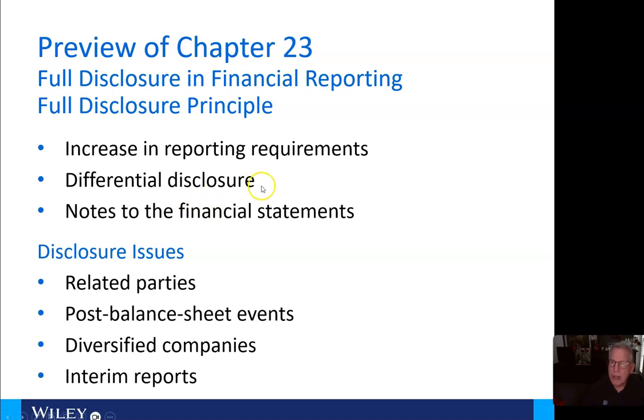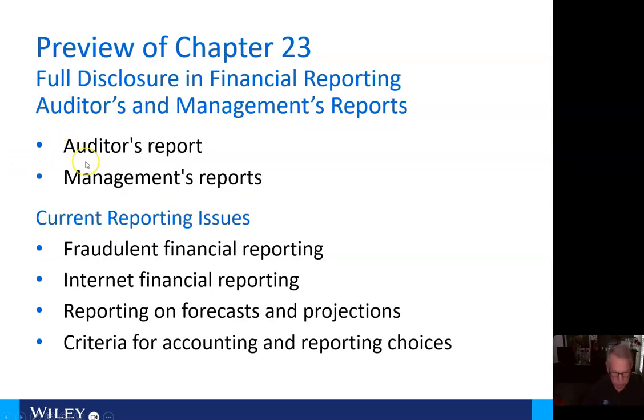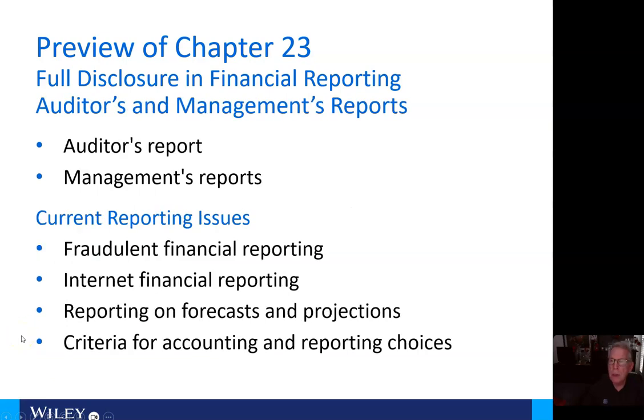So as we preview chapter 23, we're going to look at the increase in reporting requirements, differential disclosures, notes to financial statements, and then some of the disclosure issues related to related parties, post-balance sheet events, diversified companies, and interim reports.